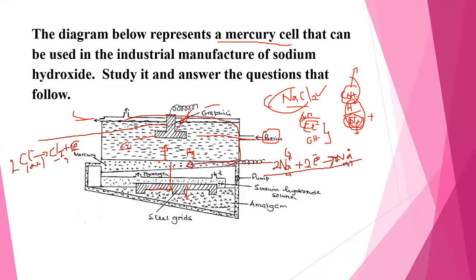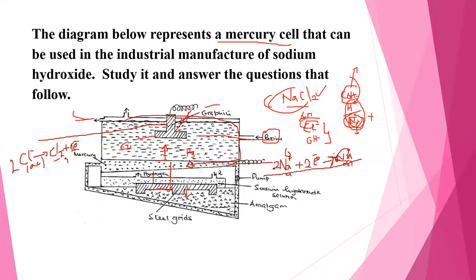Then this sodium dissolves in the mercury. Here also there is a gas, the hydrogen gas, which will also be formed. I'll show you how it is formed.